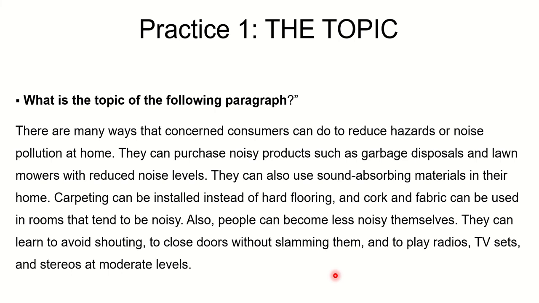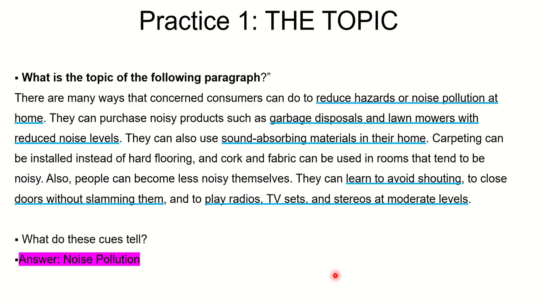They can also use sound absorbing materials in their home. Carpeting can be installed instead of hard flooring, and cork and fabric can be used in rooms that tend to be noisy. Also, people can become less noisy themselves. They can learn to avoid shouting, to close doors without slamming them, and to play radios, TV sets, and stereos at moderate levels.